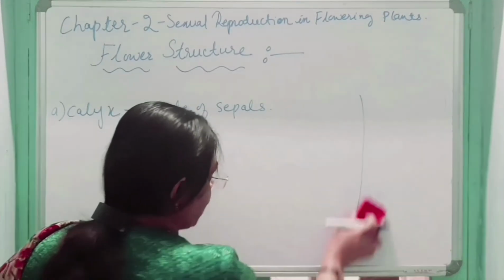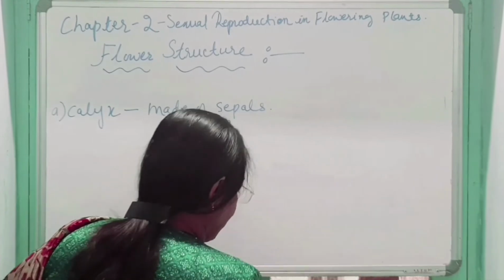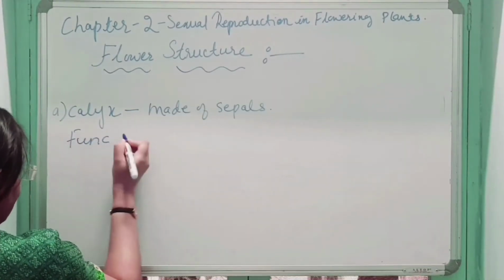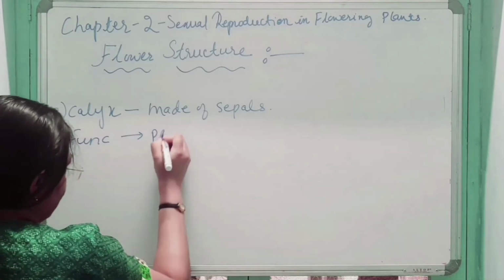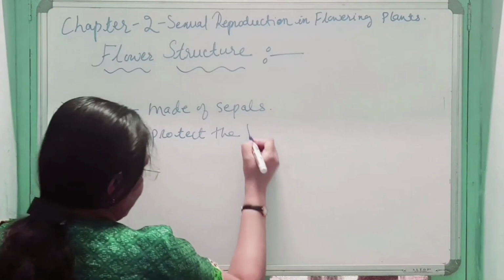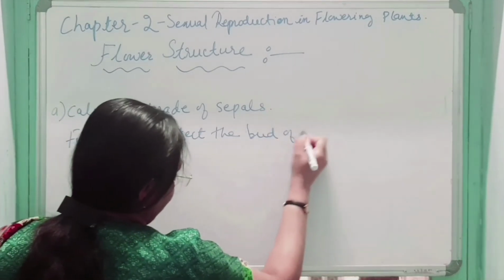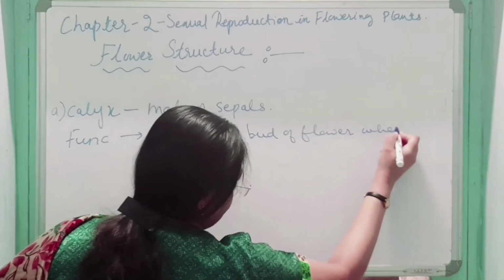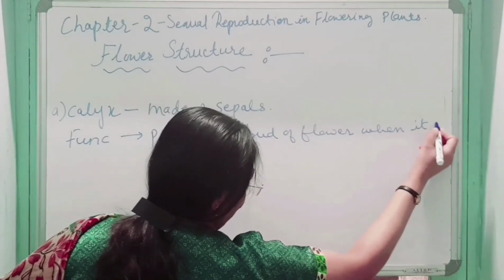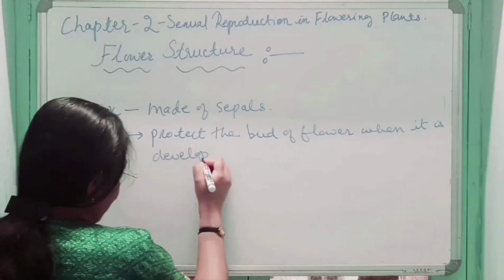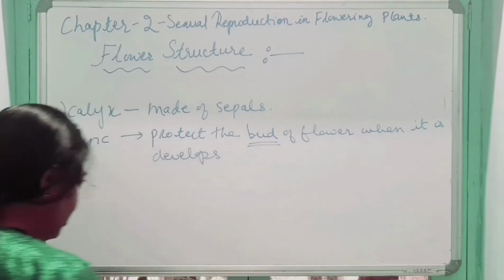Now, what is the function of sepal? The function of sepal is to protect the bud of flower when it is developing. When the flower is developing, the calyx protects the bud.